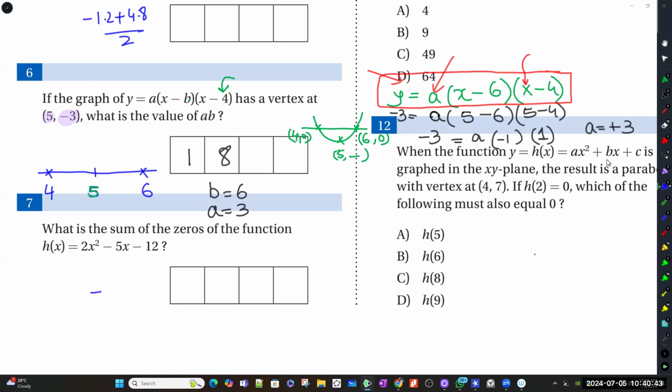That's a lot of hard work. Minus b over a. Absolutely right, Khadija, good job, and Haseeb, good job, minus b over a. So all you do is just plug in minus b over a. So sum of zeros is minus b over a. That's your answer: 5 over 2, 2.5.